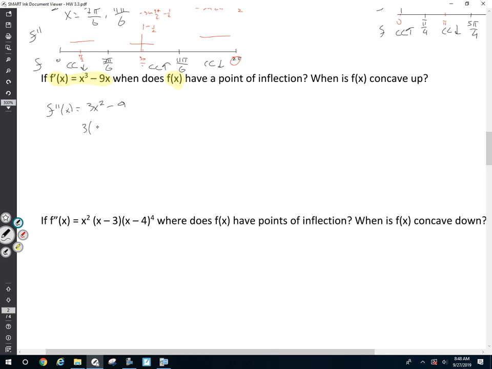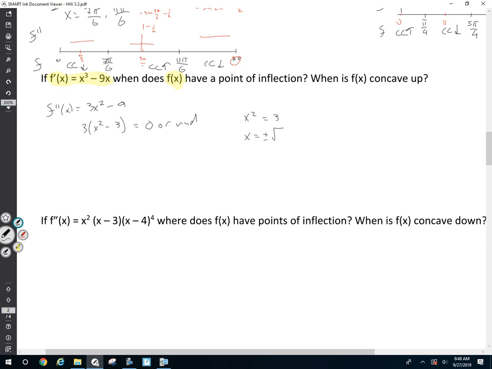And when you take the derivative once, we get this. Now, you can try to factor this, and you can, or you can try to solve this by setting x squared equal to 3.